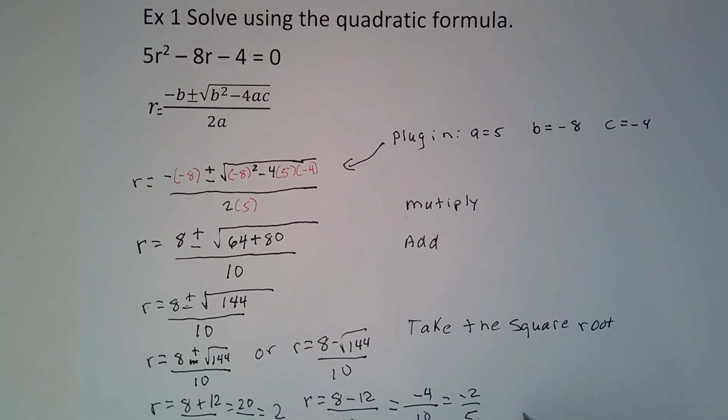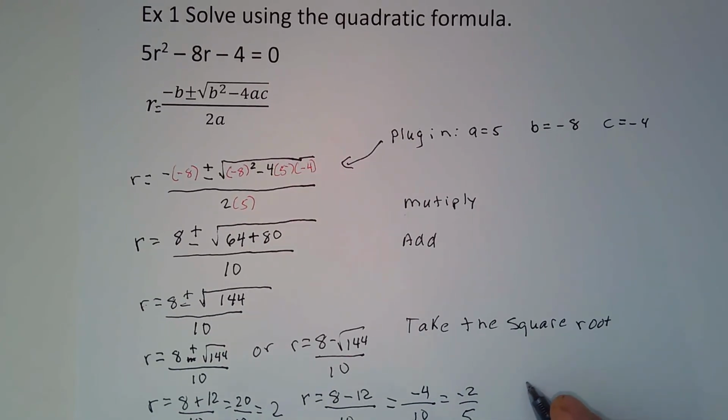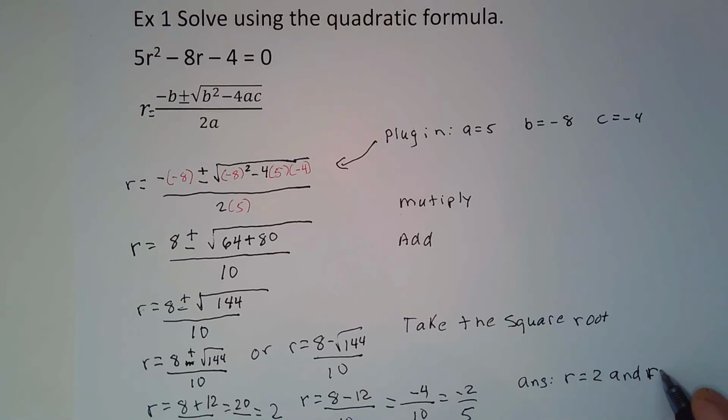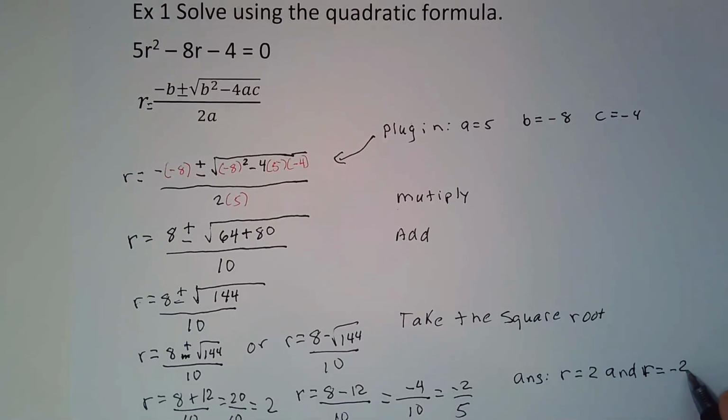Okay, so your answer is r equals 2 and r equals negative 2 over 5.